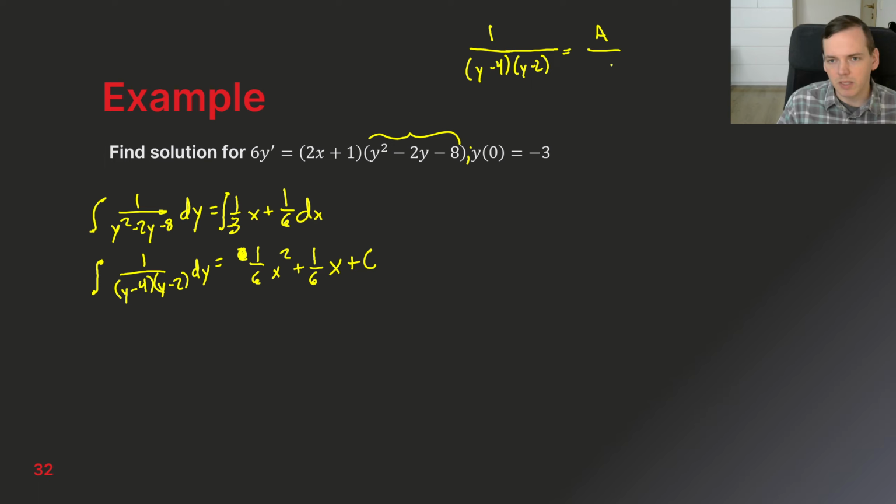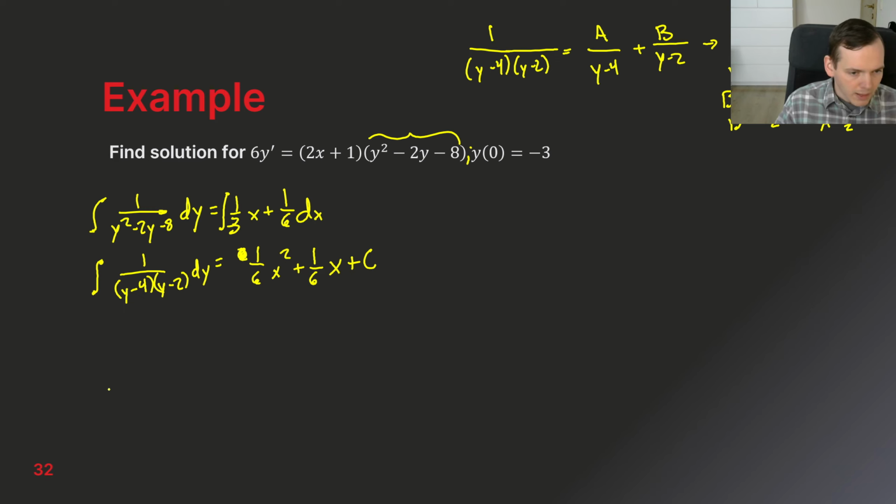I have just completely skipped over it, but we'll do it real quick here. So that's going to be a times y plus 2 plus b times y minus 4 is equal to 1. So if I say y equals -2, that means that b times -6 equals 1, b equals -1/6, y equals 4 says that a times 6 equals 1, so a equals 1/6.